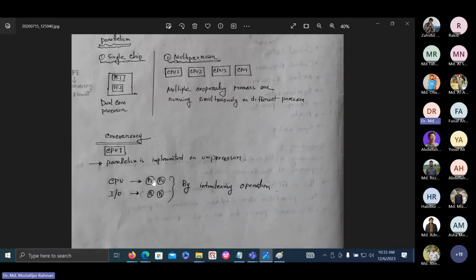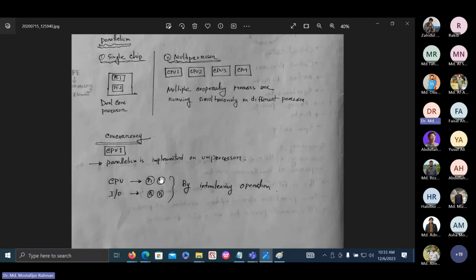Here is showing that P1 and P2: first the CPU executes P2, then it releases P2, then P1. Initially here you can see the CPU executing P1, and P2 is just sitting.